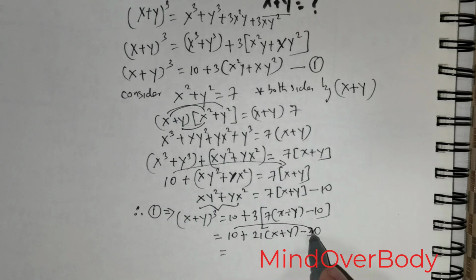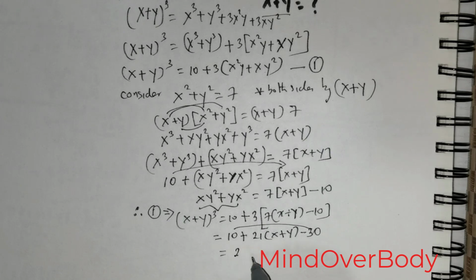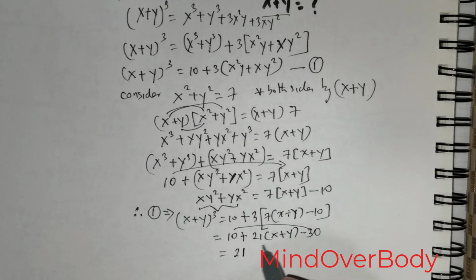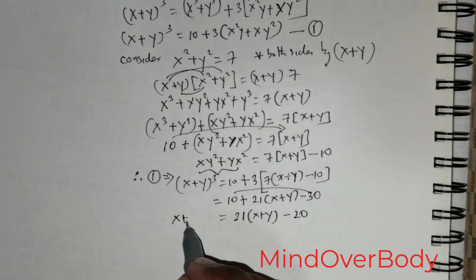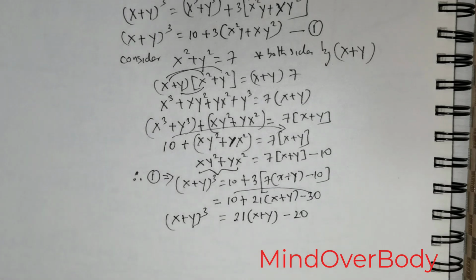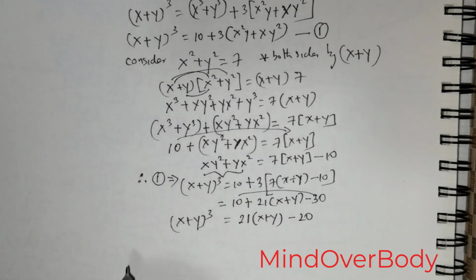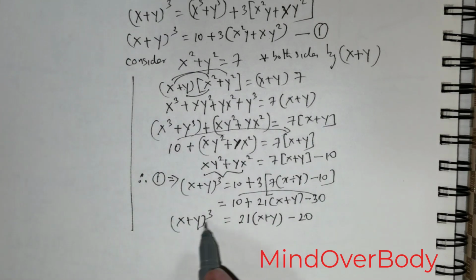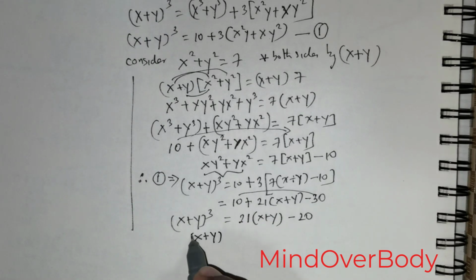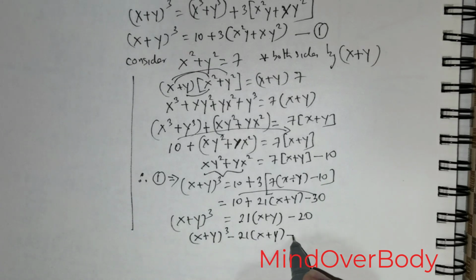Now 10 added with negative 30 would give me negative 20. So first 21 times (x plus y), followed by negative 20. On the left hand side I've got (x plus y) raised to the power 3. In fact let me first write this down in this fashion: (x plus y) raised to the power 3 minus 21 times (x plus y) plus 20 is equal to 0.